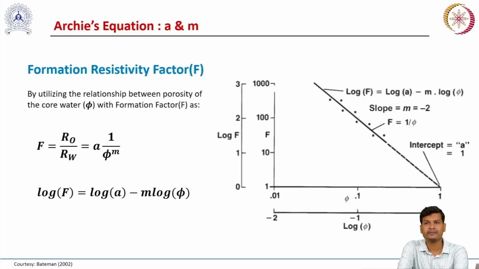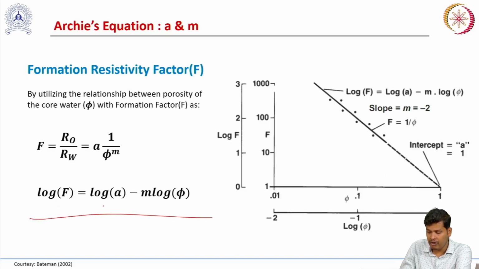For example, by analyzing the data of a number of core samples, we can determine the value of A and M in the laboratory. So F is given as Ro by Rw, or A into 1 by phi to the power M, where phi is the porosity. So if I take log of both sides, log of F will become what? Log of A minus M log phi. So we can plot log of F and log of phi.